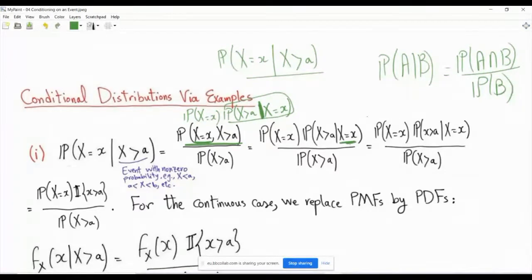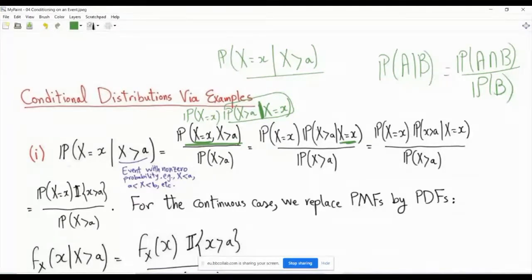So here, you can write down the probability that big X is greater than A, given that big X is equal to small x, as the probability that small x, which is some deterministic value taken by big X, is greater than A, given that big X is equal to small x.